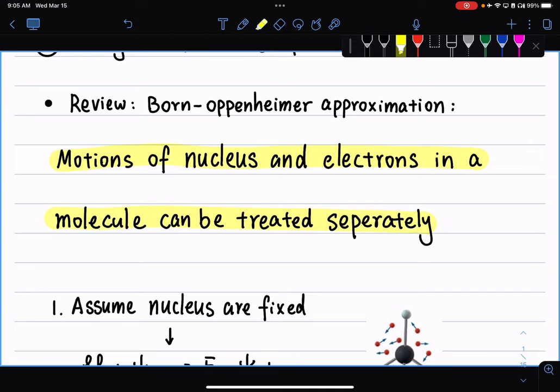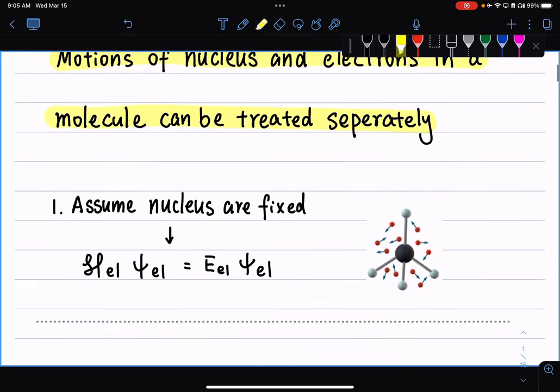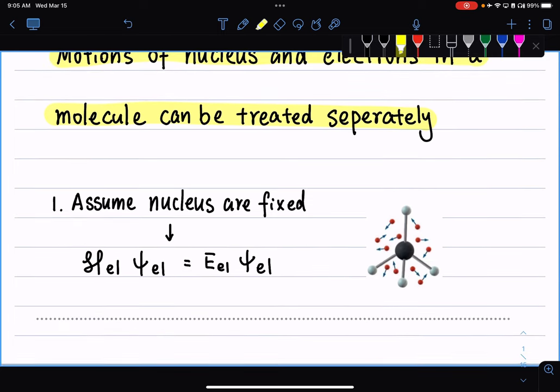What that means is, when we're thinking about a molecule and the movement of the nuclei and the electrons, when we're looking at the nuclei as fixed, we can use that fixed position to solve the electronic Hamiltonian and get an electronic wave function.